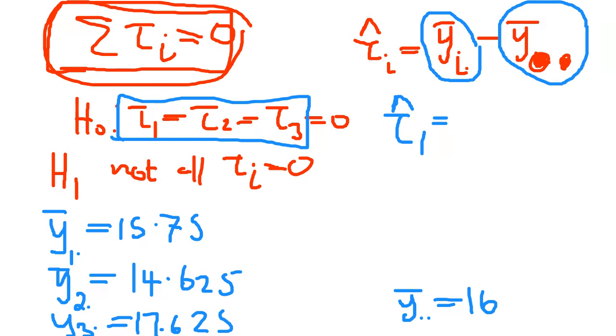Can someone give me the replications? How many replications did we have from the problem? R equal to 6. So now, can you please estimate the tau i's? Someone is saying 8, someone is saying 6. Which one is correct? R is 8. 7.